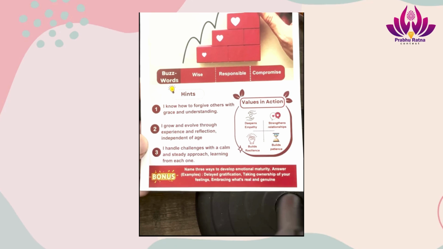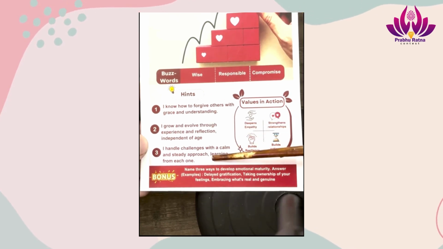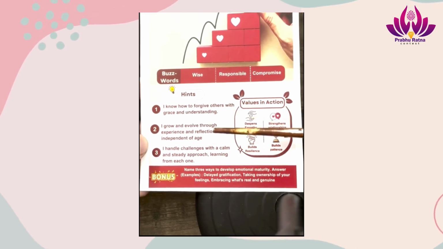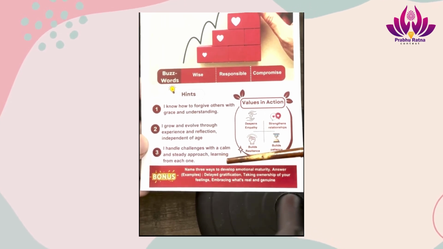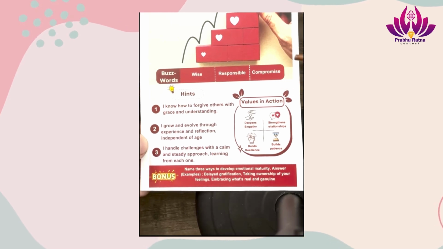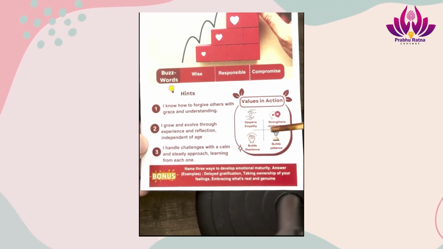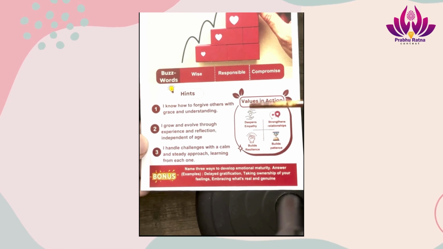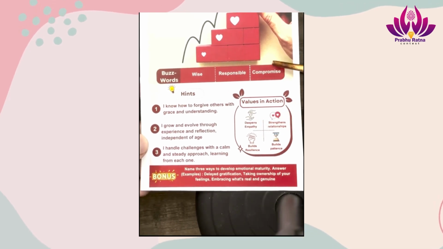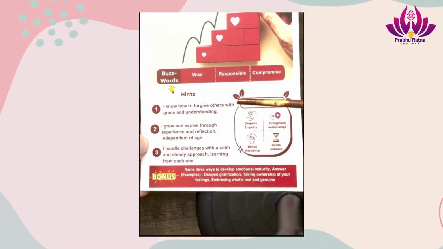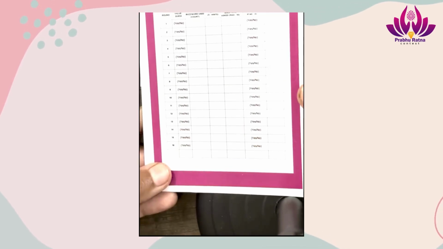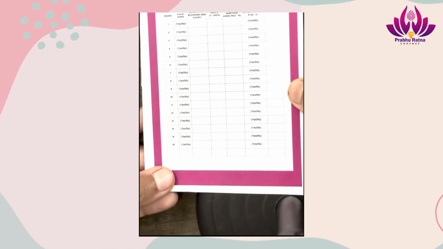For every value, there are 3 hints which give details about the value. But my friend needs to decide strategically when to use the hint, as using a buzzword or hint would deduct 1 point each.